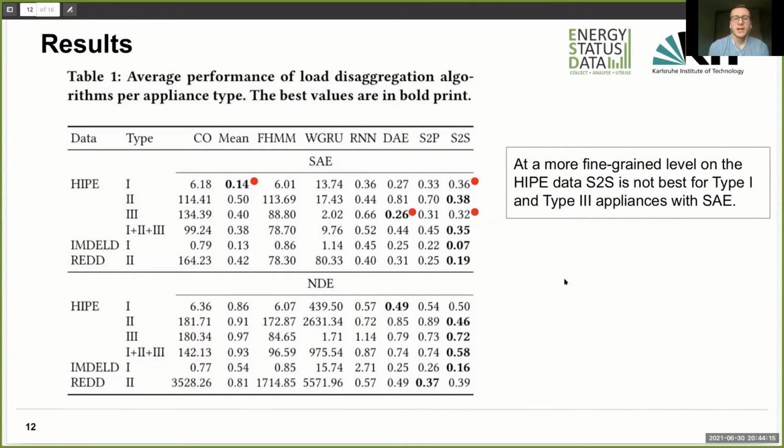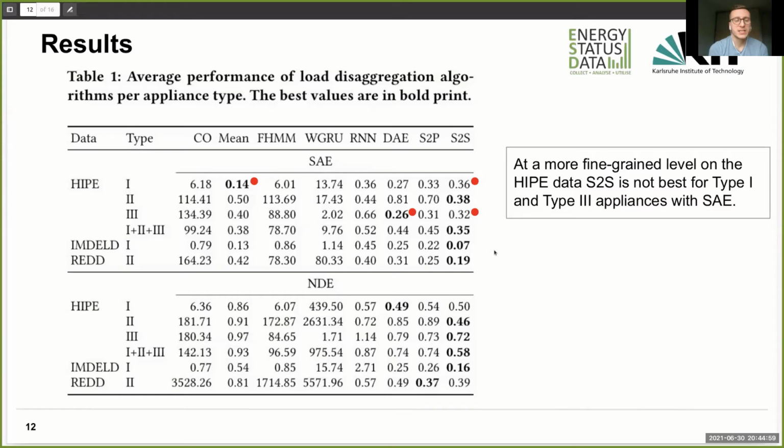Next slide, please. If we take a look at a more fine-grained level, where we are also interested in specific types of devices, one very surprising result was that for type 1 appliances of the HYPE industrial dataset, it was the baseline, the mean prediction, that had the best results. This is very surprising because we have seen before that if we look at all industrial datasets combined, there seems to be one algorithm that works best, but for a specific type of device it is actually not the case.